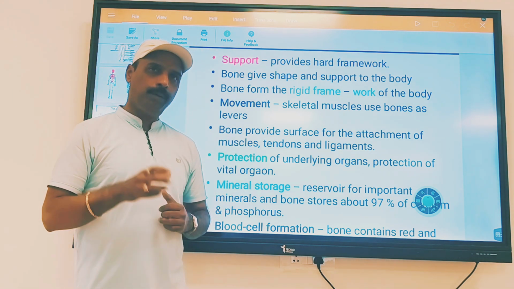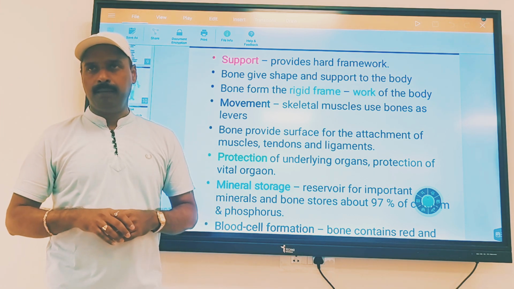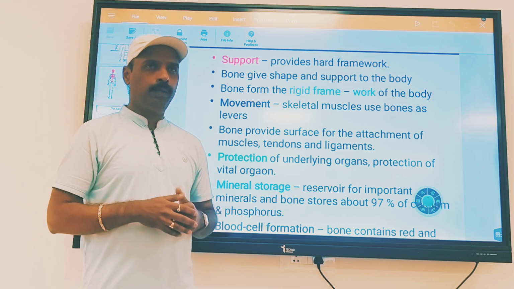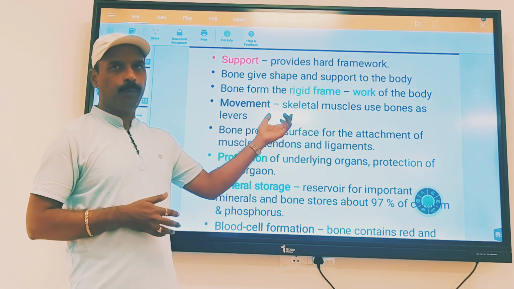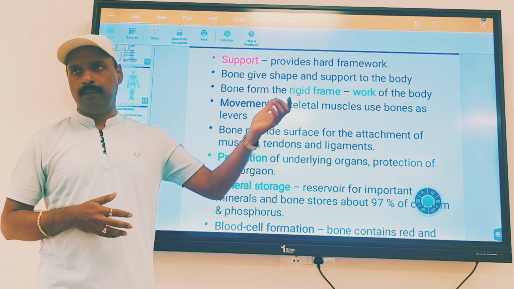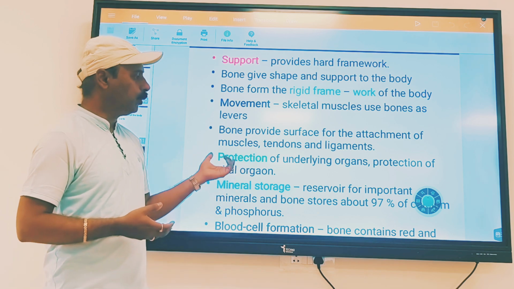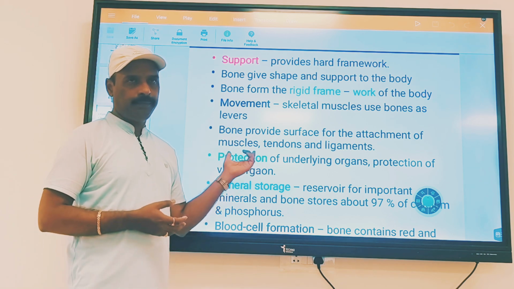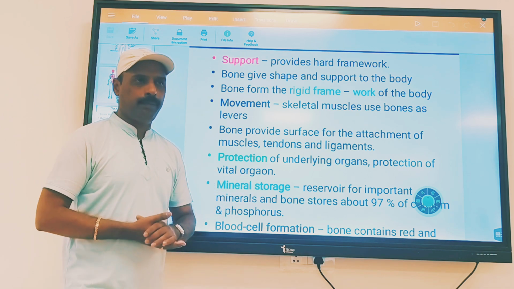You have to explain the most important ones one by one in detail. As you understood the meaning of protection, movements, support, rigid framework, you have to explain all that in your own language and elaborate each point. First remember in short, then you can elaborate.